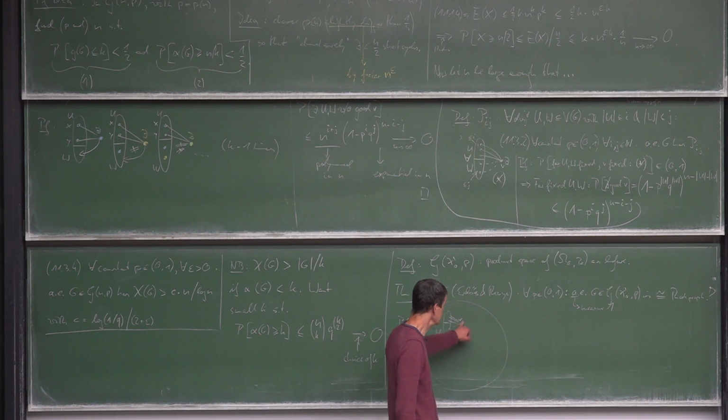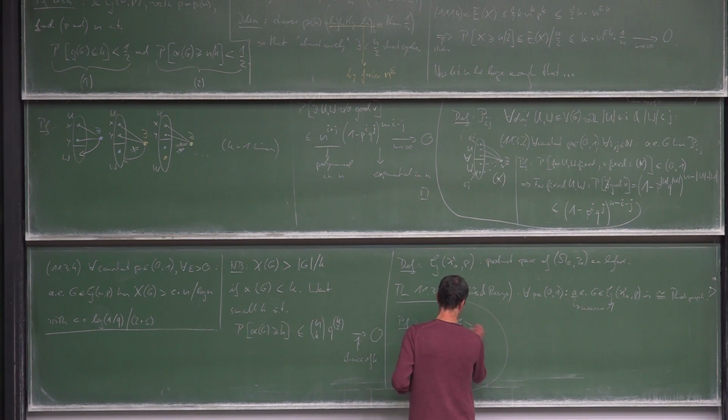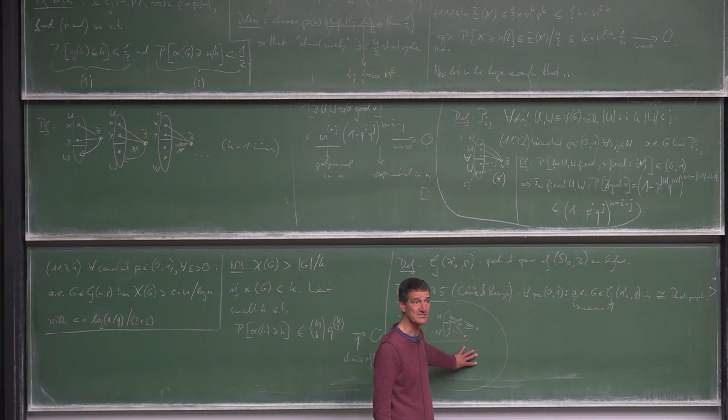The probability that this particular v is not correctly joined is also some number between 0 and 1. The probability that all of the vertices are badly joined is the product of these probabilities, all the same constant less than 1. So the probability that for a fixed UW there is no good v is 0.